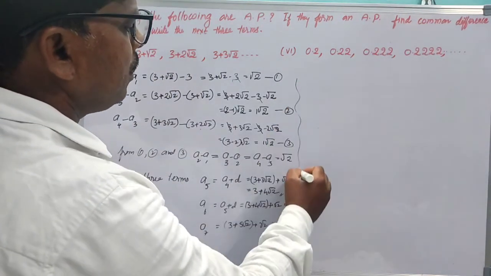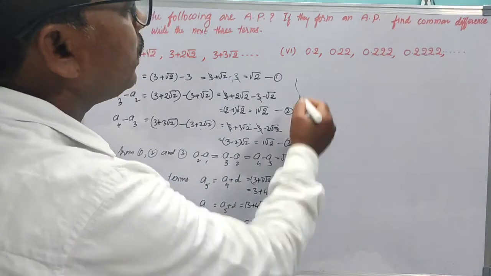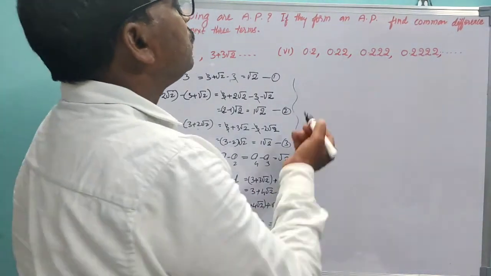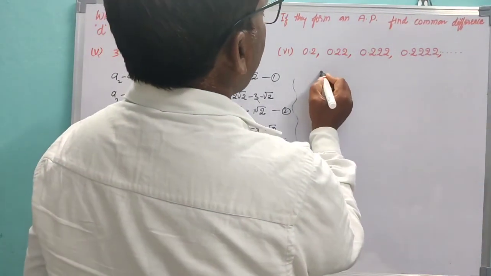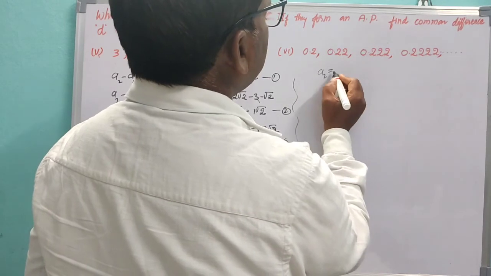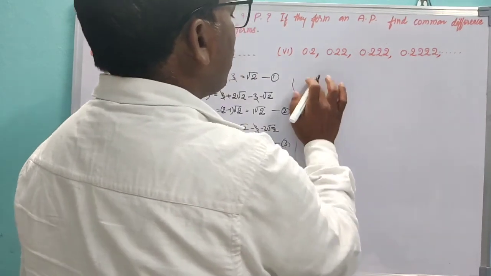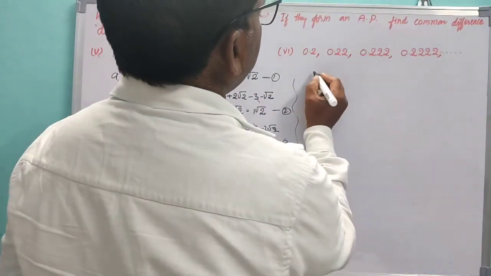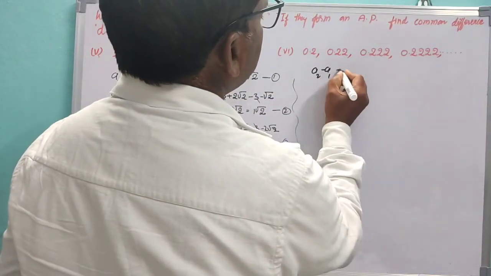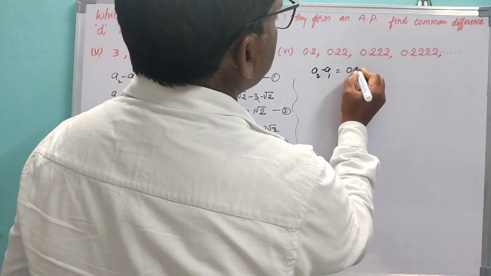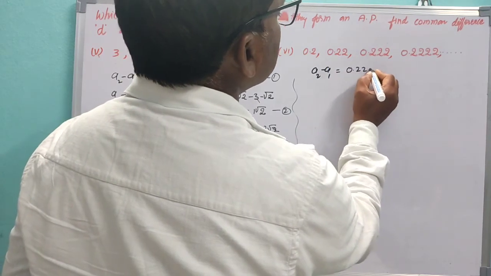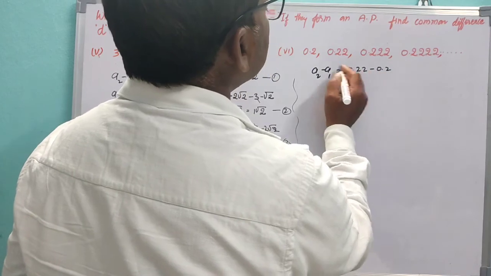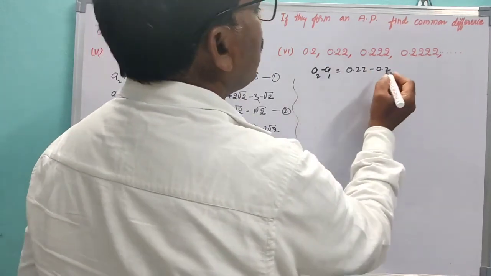Okay, now see this second question. a2 minus a1. So what is a2? 0.22 minus 0.2. So this is the first term and this is the second term.